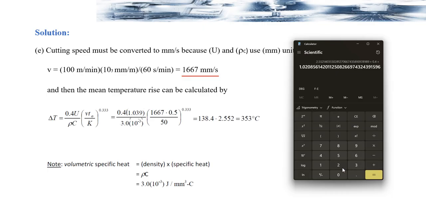I will multiply that by 1.039 equal to. Now I will divide this value by, open the bracket, and I will put the 3 times 0.001. Okay, so we're going to have 353.55.